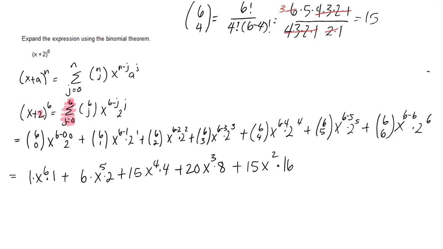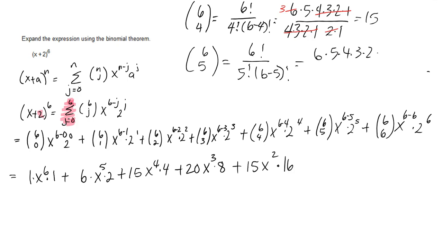So let's calculate 6 choose 5. That's 6 factorial over 5 factorial times 6 minus 5 factorial. 6 times 5 times 4 times 3 times 2 times 1 over 5 times 4 times 3 times 2 times 1. 6 minus 5 is 1, and 1 factorial is 1.